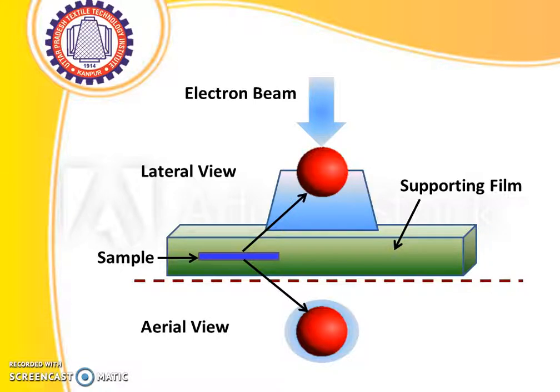If you see the lateral view of electron interaction with the sample, you will find it in this way. When it is transmitted through a sample or specimen, we find the view of electron movement in such a way.